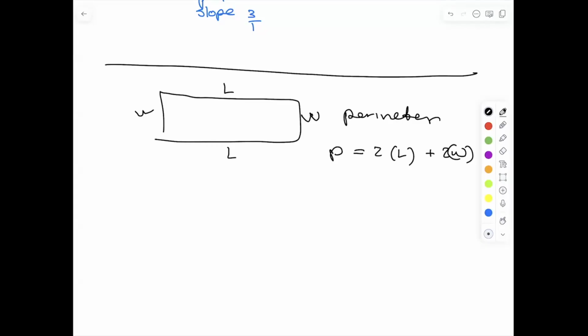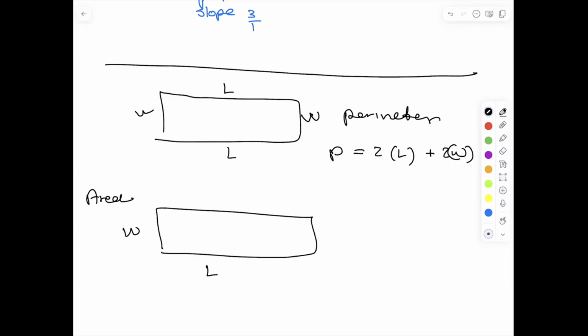So now when it comes to the area, it is a bit different, right? Area is length times width.